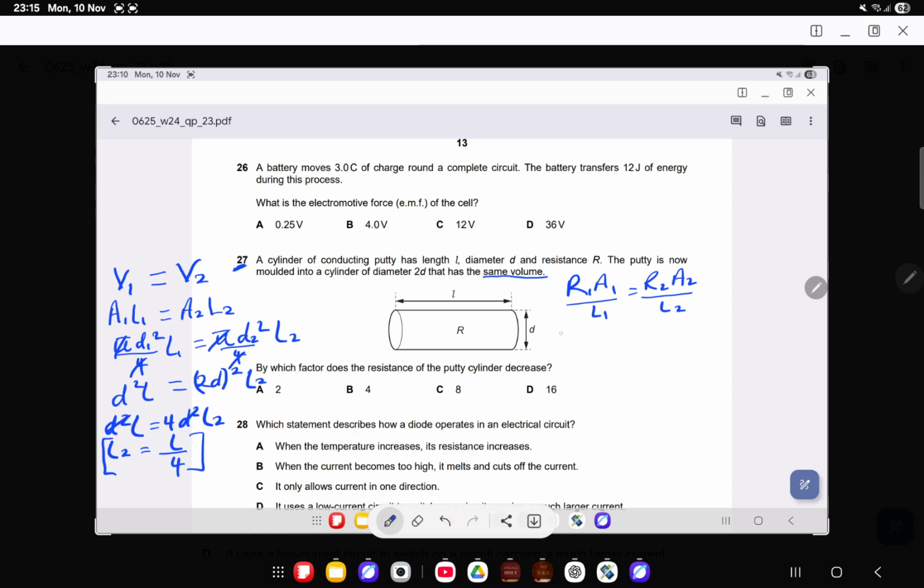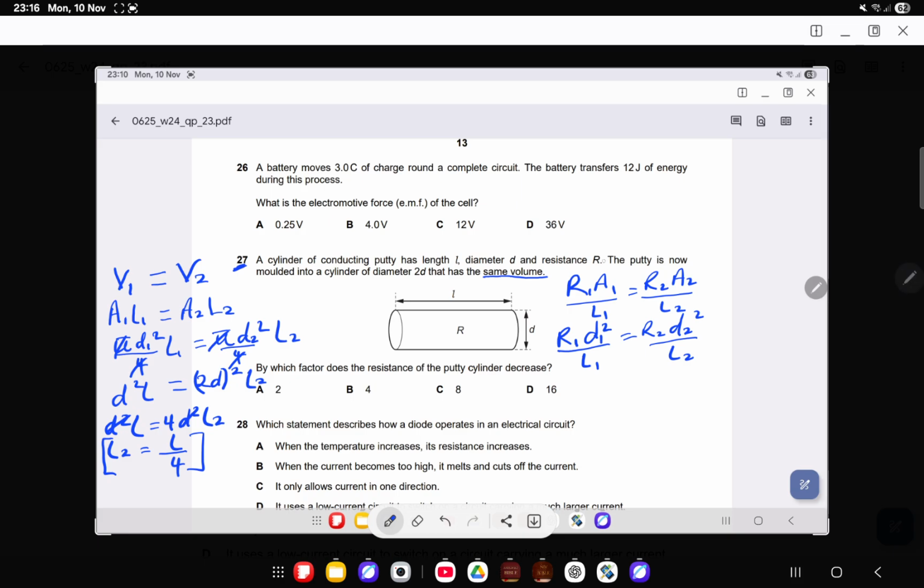So that brings us to R1 D squared. Instead of the A, if you want to write it with the diameter, it has to be D squared because the pi over 4 will cancel out anyway. So I have here R1 D1 squared over L1 equal to R2 D2 squared over L2. So let's put in what was given in the question.